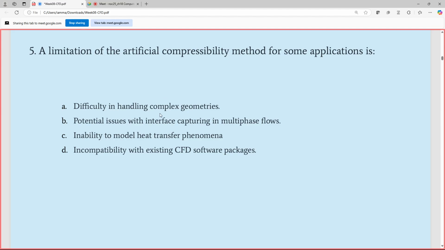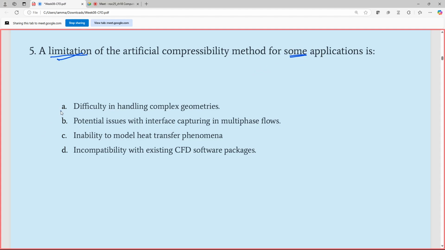Moving on to the next question. A limitation of the artificial compressibility method for some application is: so the question is asking for a limitation of the artificial compressibility method, which can be a limitation for some applications, not for every application.